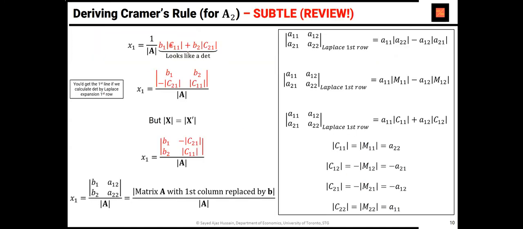Let's take a look at x1. Before I do so, let's jolt our memory. Do you remember how in the previous lecture we showed you the Laplace expansion? So here's a determinant using Laplace's expansion method by the first row. Remind yourself that A22 is nothing but the minor element corresponding to 1,1.